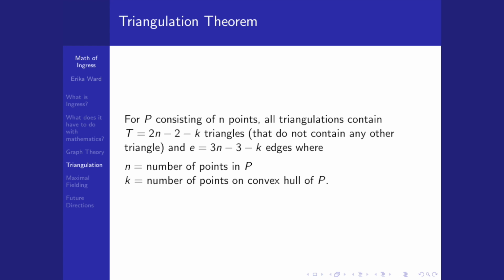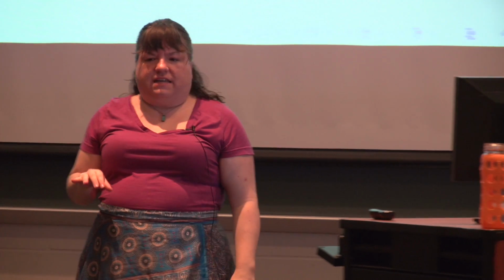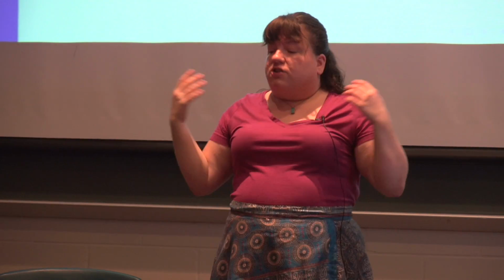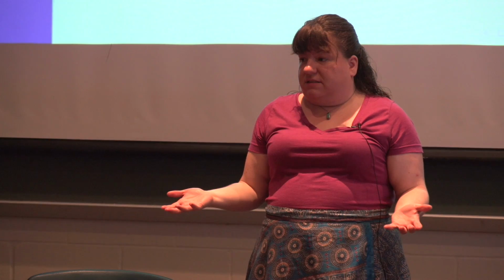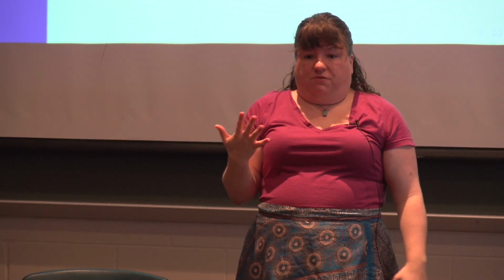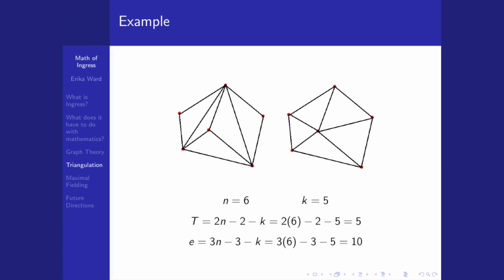Okay, so let's come back to our examples here. They're triangulated in different ways, but in both cases, the total number of portals is 6, and the number of portals on the outside wrapper, the outside convex hull, is 5, right? So if we plug into our formula for t, the number of triangles, we're going to do 2 times n minus 2 minus k, which is 5.